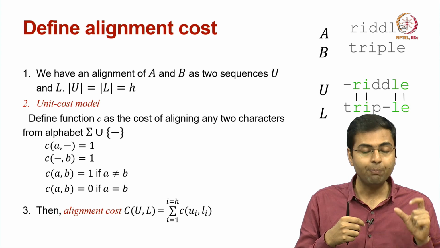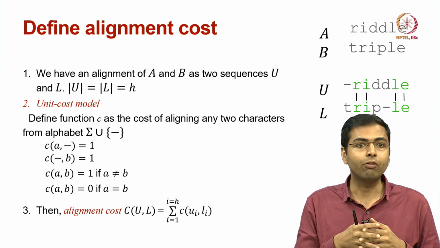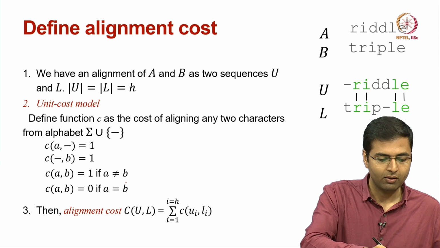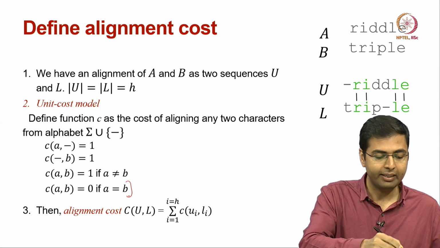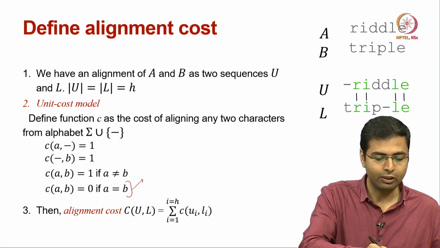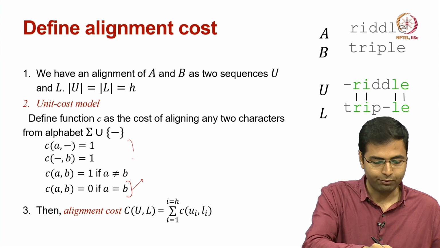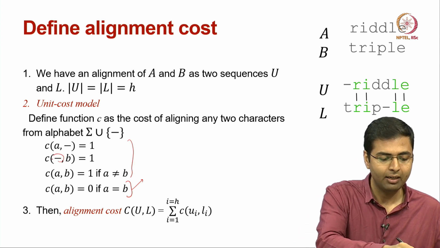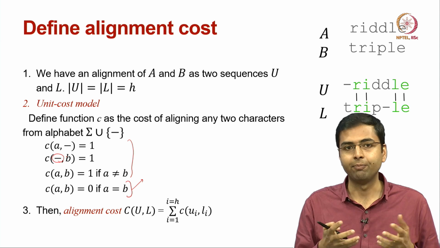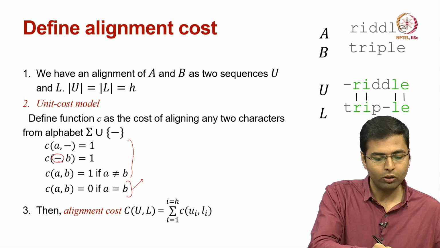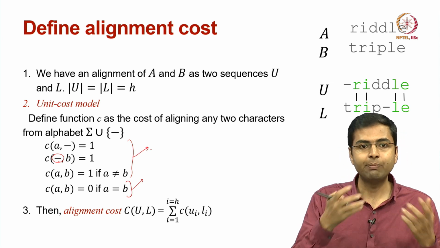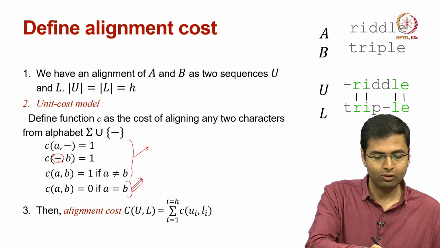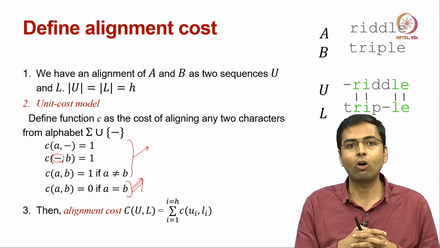The simplest cost model that we could think of is a unit cost model, in which each match has cost 0 and everything else, for example a mismatch or aligning against a gap symbol, costs 1. These correspond to the edits of mismatch, insertion or deletion, whereas a match involves no edit, so we were costing it as 0.